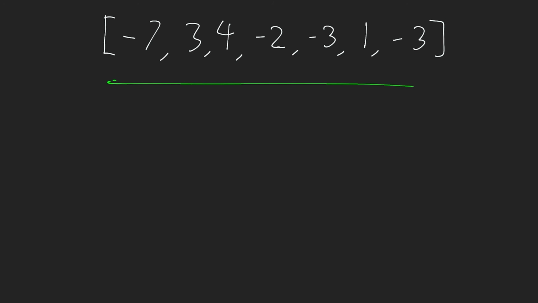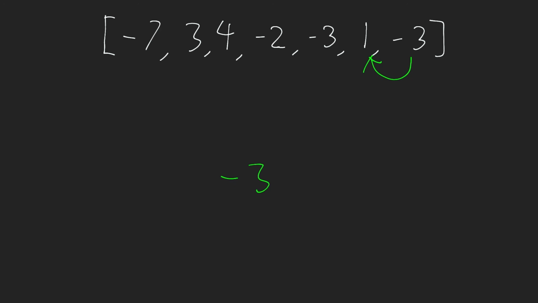So let's naively go through this and figure out what the minimum possible sum of any given subarray is inside of this array. So let's actually start from the end, because I don't want to spoil it by starting at the beginning. If we start at the end here, we can see that -3 is a minimum subarray. So we'll write -3 right here, because you can have a subarray with one element.